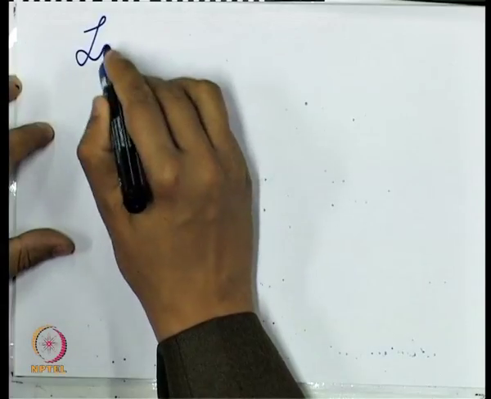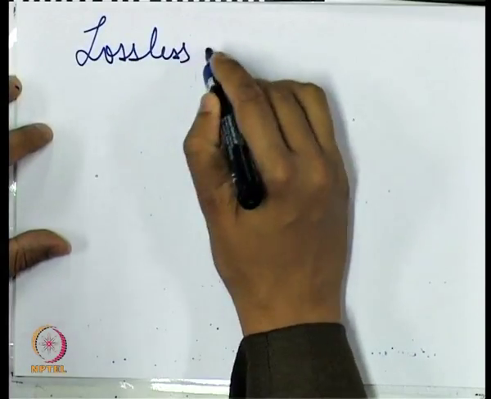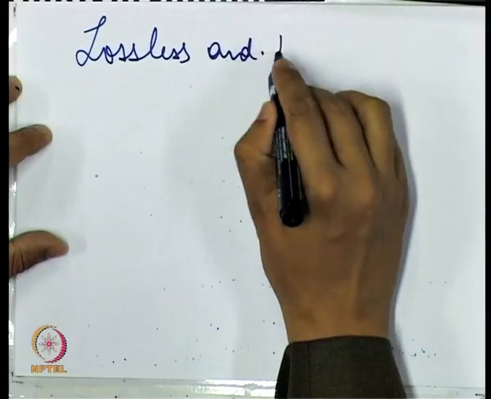Now, if we consider that this network is both lossless and reciprocal, then what happens? Lossless and reciprocal.